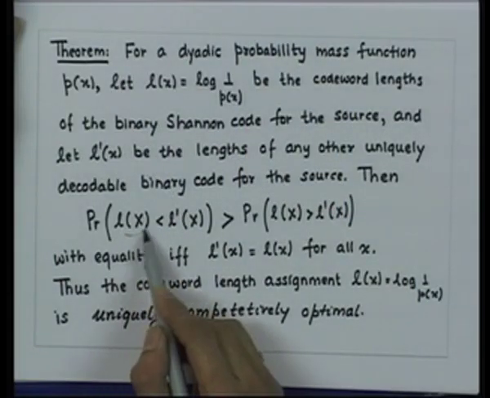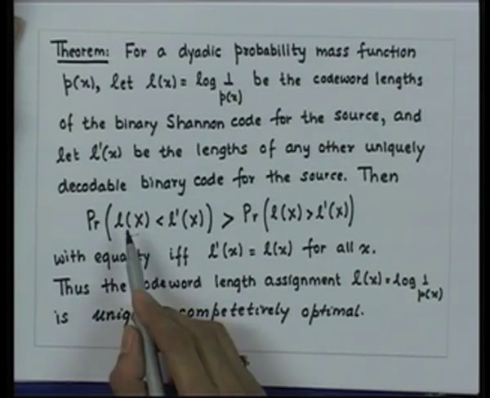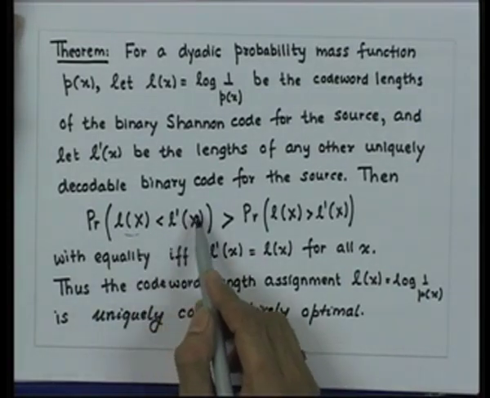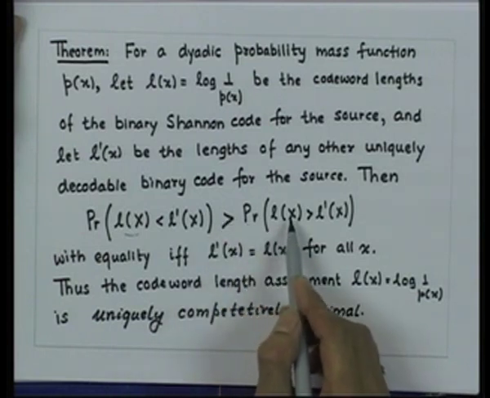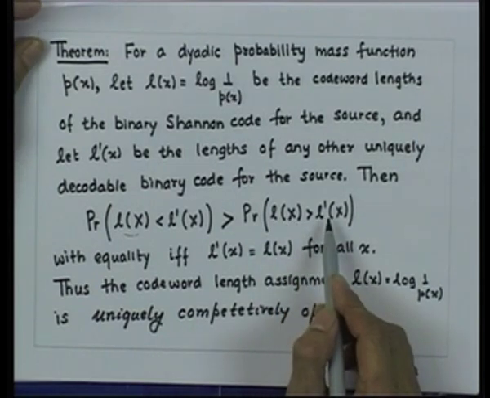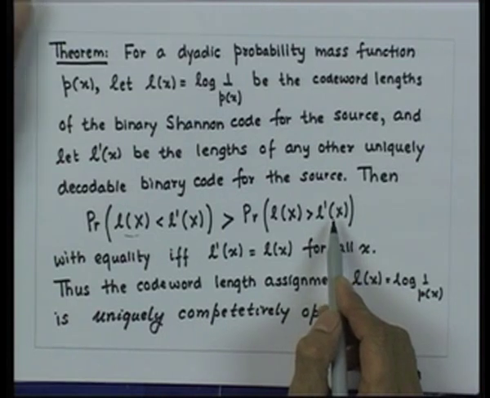But now what we are going to prove is that Shannon code is uniquely competitively optimal, and by that we mean that the probability of L(x) being less than L'(x), the code word length for Shannon code being less than the code word length for any other uniquely decodable code, is always greater than the probability of the code word length of Shannon code being greater than the code word length of any other uniquely decodable code.